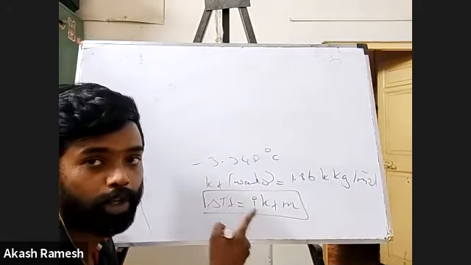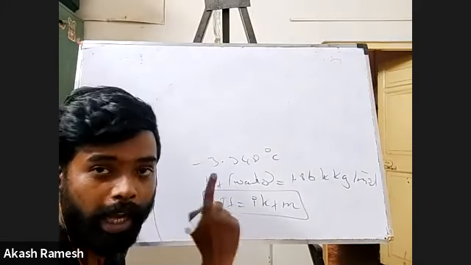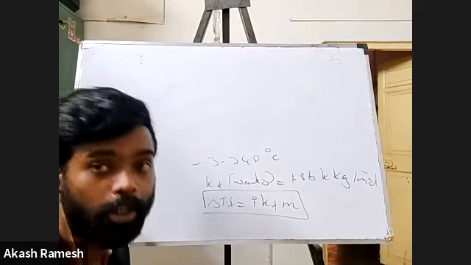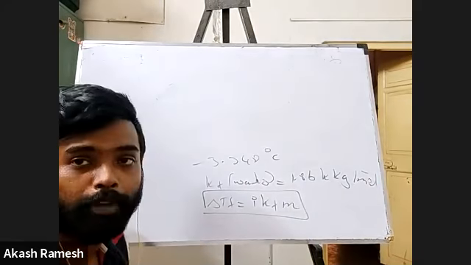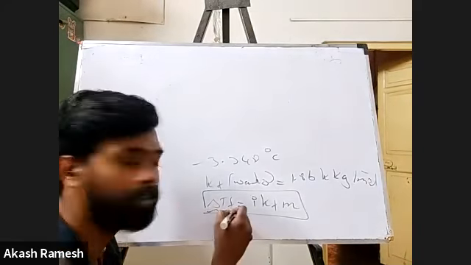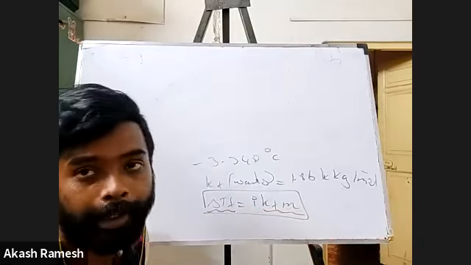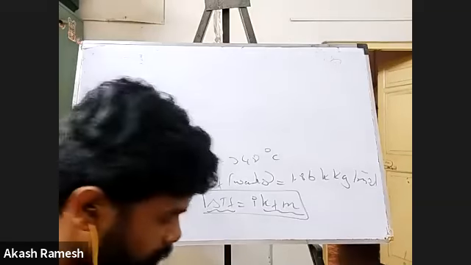This is the equation you have to use. The moment you see any electrolyte, anything ionic, or anything which undergoes association, you have to put the i. This is the measured value, and this is the calculated value.